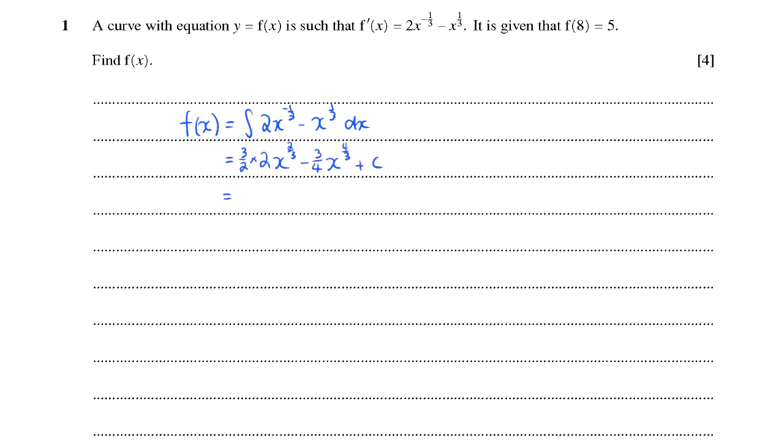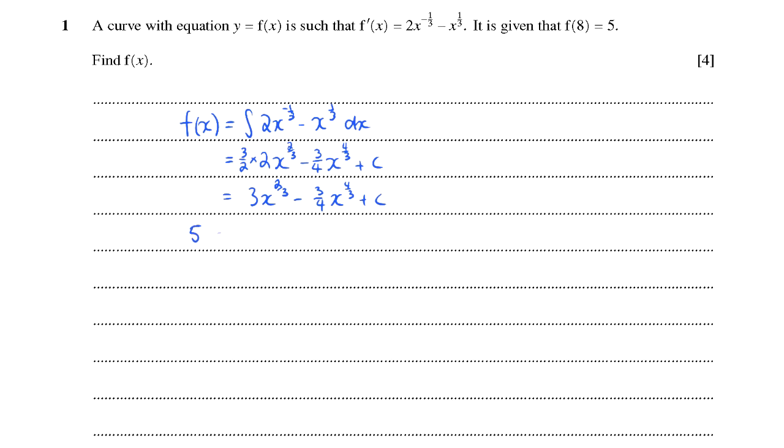We can clean this up a little bit. 3/2 times 2 is just 3, so we'll have 3x to the 2/3 minus 3/4 of x to the 4/3 plus c. That's our function. But we need to find the value of c, and we use the information that when x is 8, y is 5.